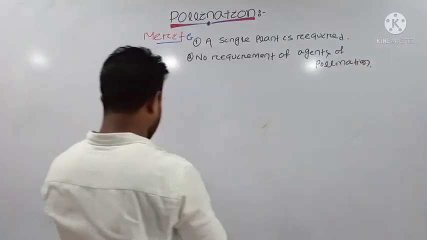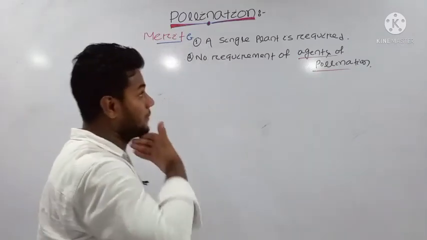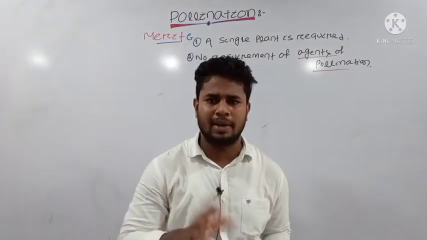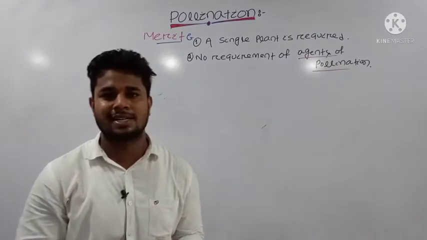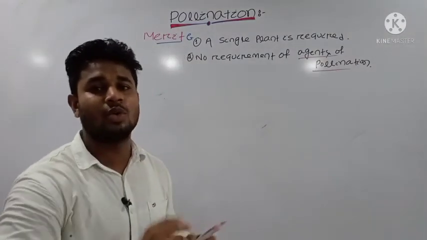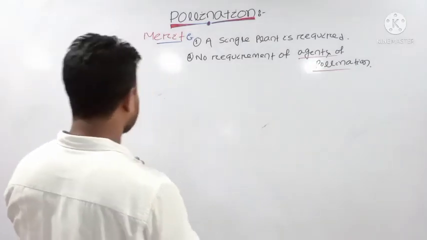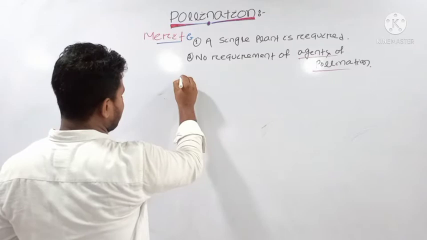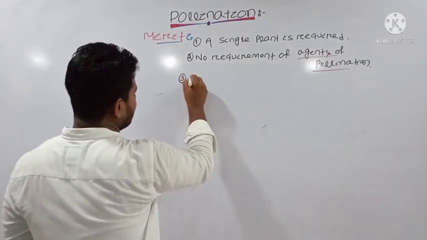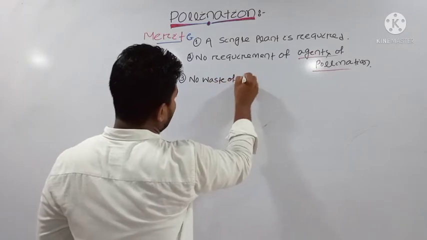As we know, in the cross pollination process several agents are required. It may be water, it may be air, or it may be some insects. But as only a single plant is involved, here there is no requirement of any agents. Clear? And the third merit of this self-pollination: here, no waste of pollen grains.